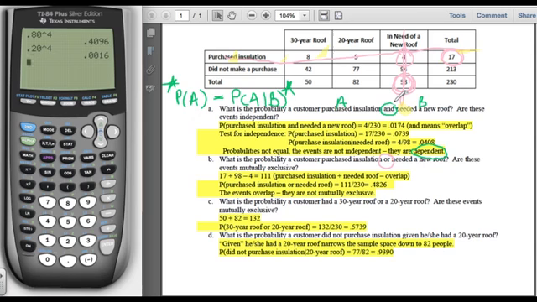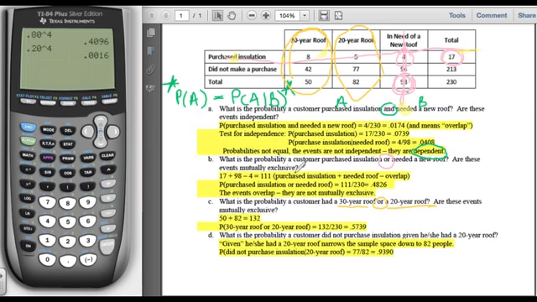C is another or probability question. What is the probability a customer had a 30-year roof or a 20-year roof? Here are my 30-year roof people. Here are my 20-year roof people. Note that they don't overlap. Either you have a 30-year roof or a 20-year roof.